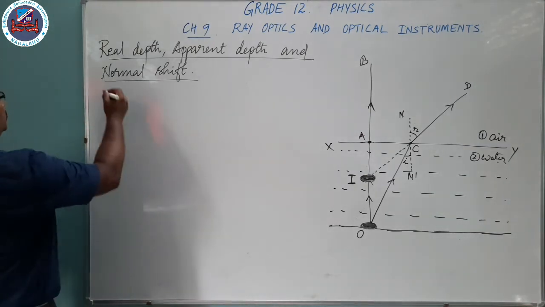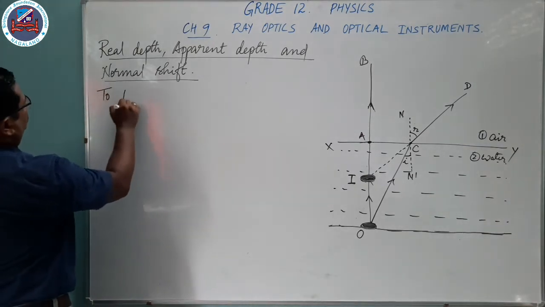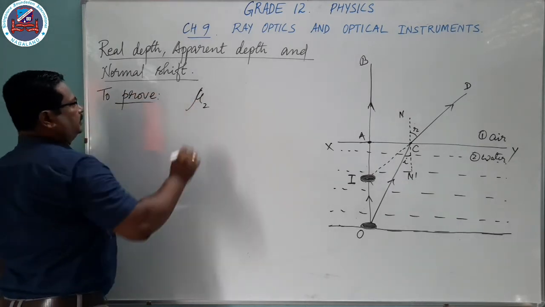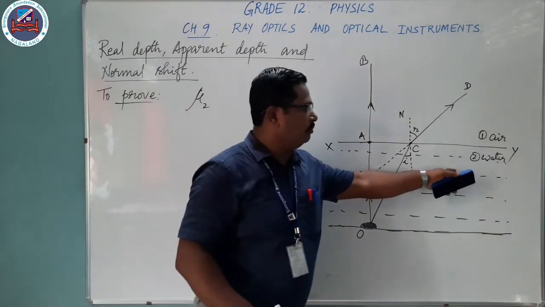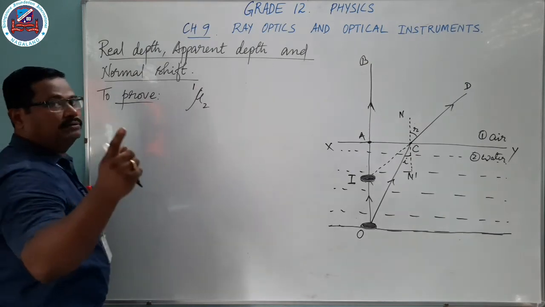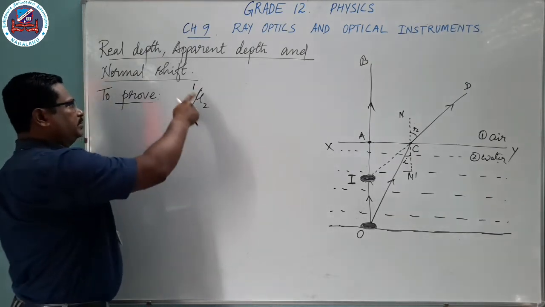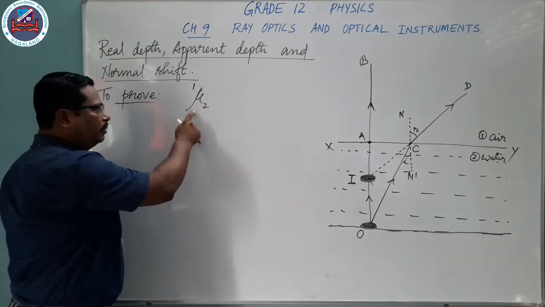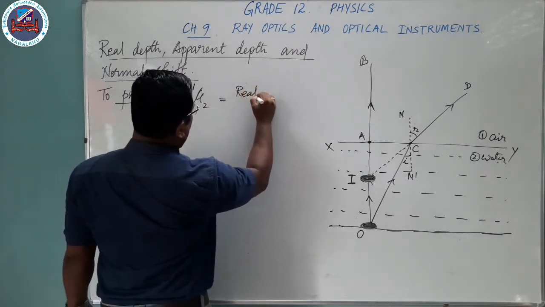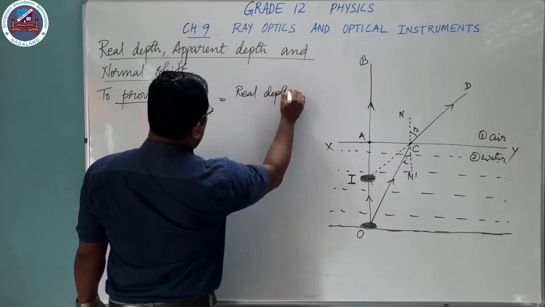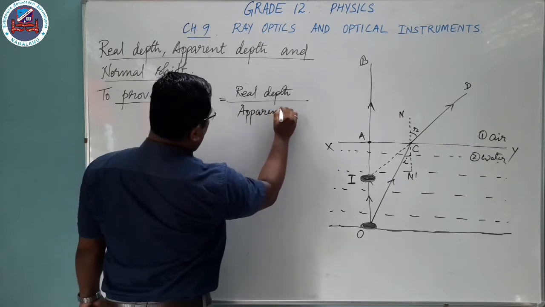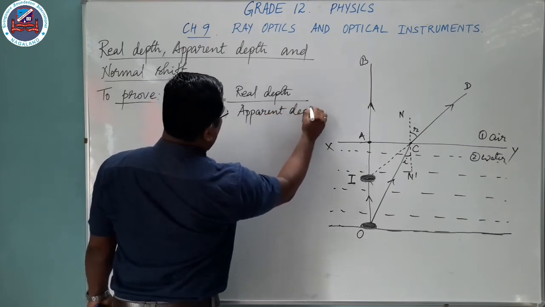We have to learn two things. First of all, to prove refractive index of water with respect to air. Air refractive index is 1, we know. When we write refractive index of water with respect to air, it means refractive index of water only. That is equal to real depth divided by apparent depth.